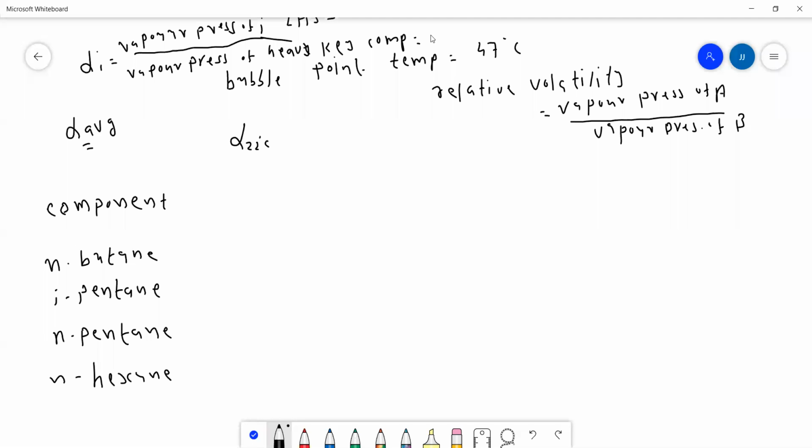And in our case, I pentane is the heavy key component, right?